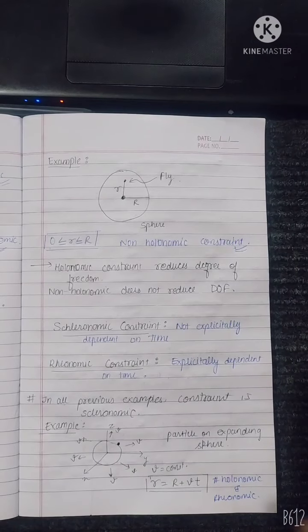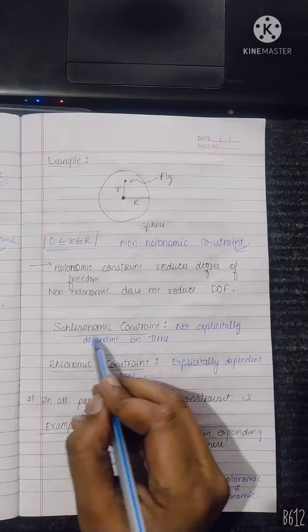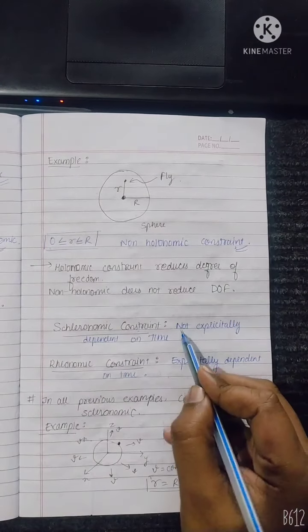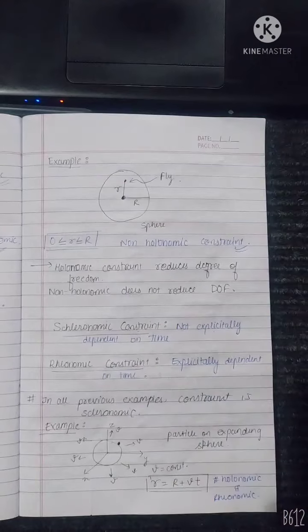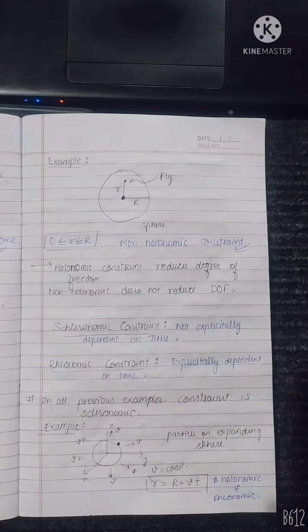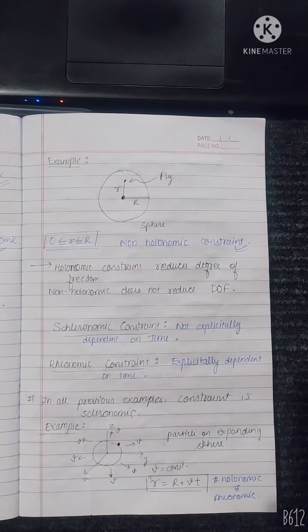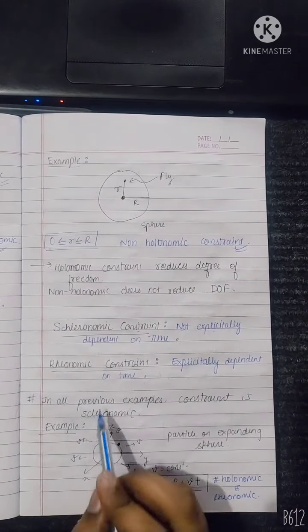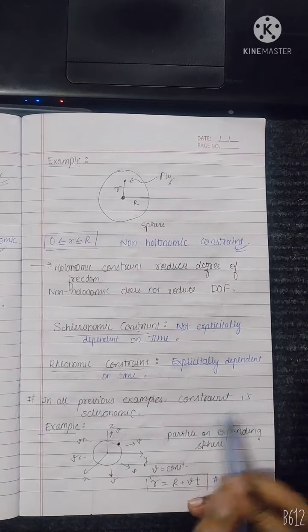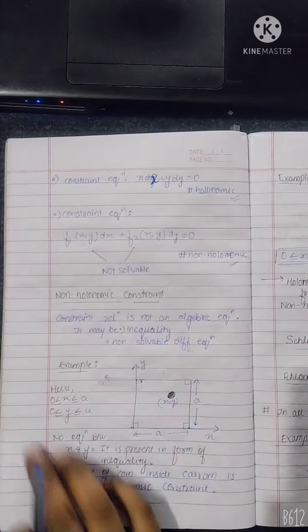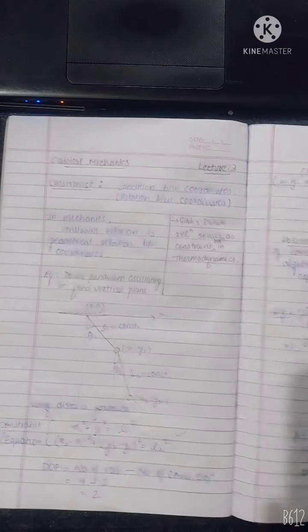The next type of constraint is scleronomic. Scleronomic constraints are the ones which are not explicitly dependent on time. And rheonomic constraints are the ones which explicitly depend on time. In all previous examples the constraint is scleronomic, because we do not see the presence of time.